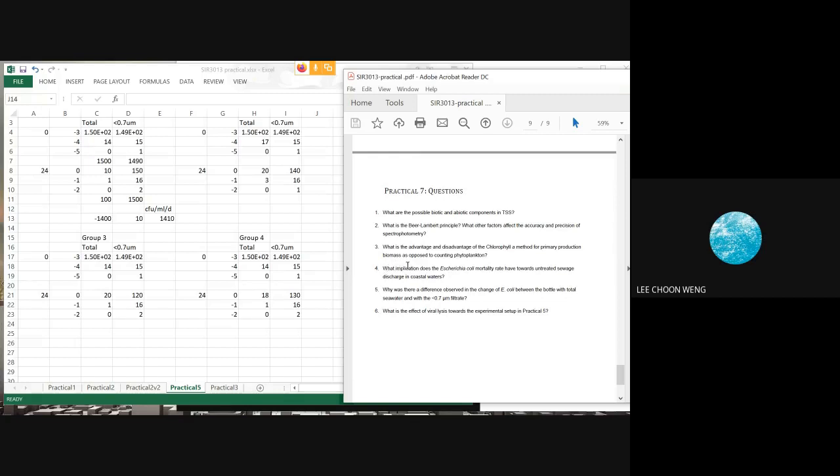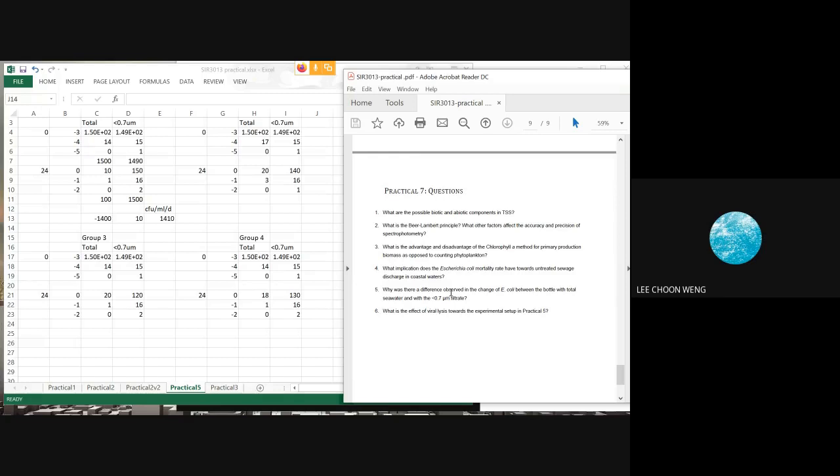Okay, so for practical 3, include this question inside. Answer the advantage and disadvantage of chlorophyll a method to measure primary production biomass as opposed to counting phytoplankton. And for practical number 5, answer these 3 questions. The implication of E. coli mortality towards untreated sewage discharge.